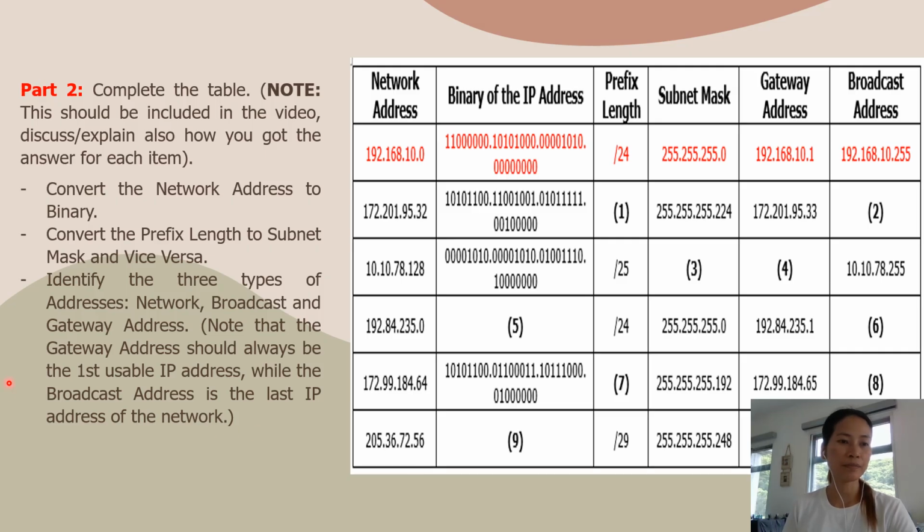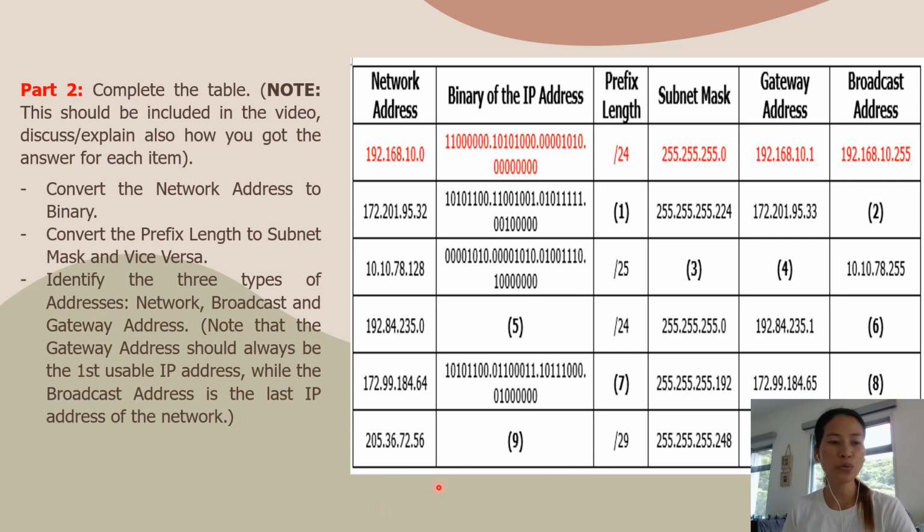The binary of 56, we can get by adding 32 plus 16 plus 8, which is 56. So therefore, the binary of 56 is 00111000.